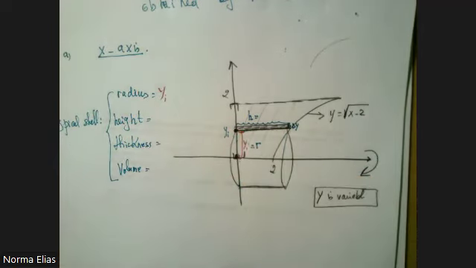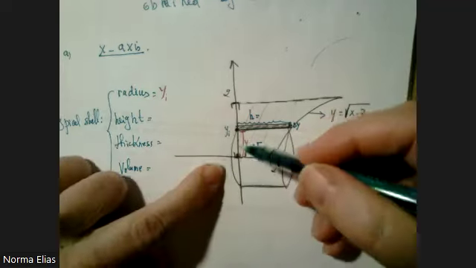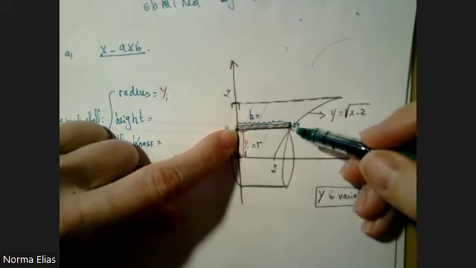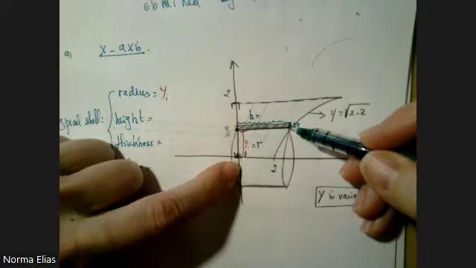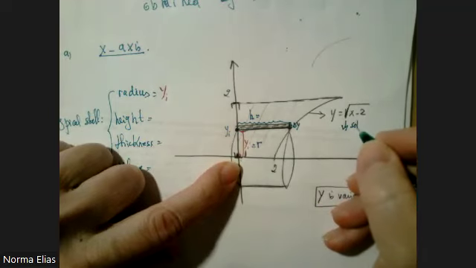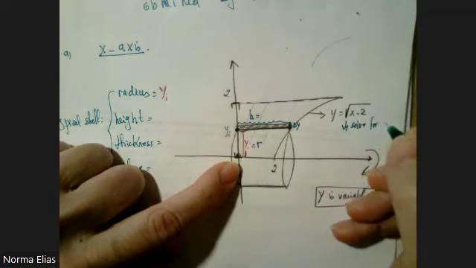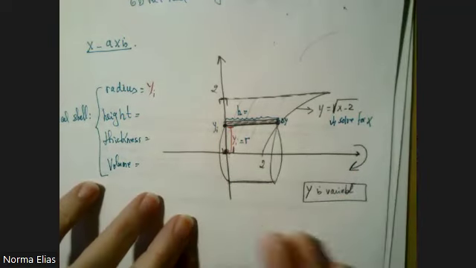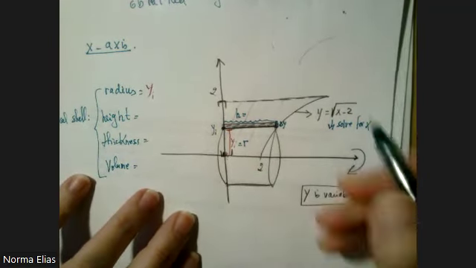So what is the height of my shell? To find the height, I need the x, the horizontal distance. It means I need the x that corresponds to this y. So we're gonna solve for x. I need a horizontal distance. So let us solve for x.